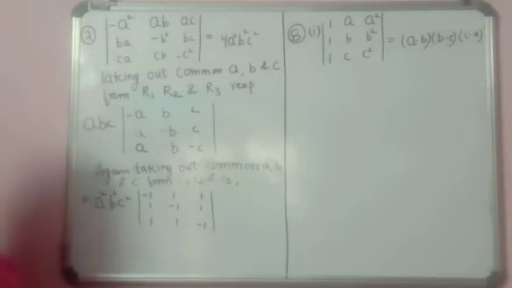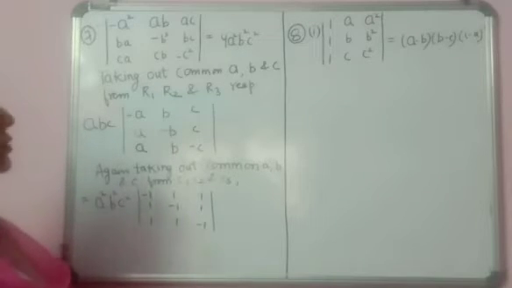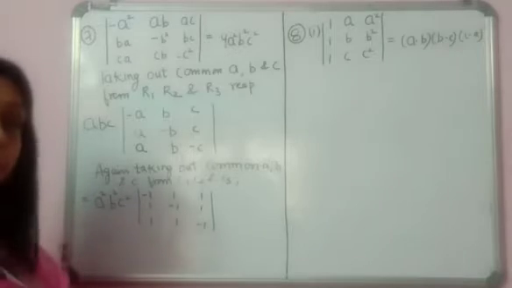Okay. So now either you can expand it directly to get the RHS or you can get 1 or 2 zeros.